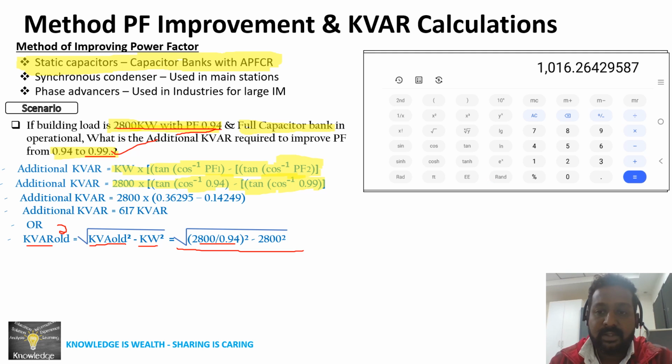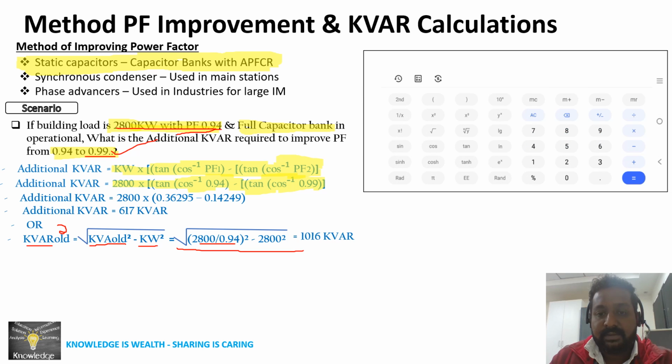So a 1016 kVAR capacitor bank is already there, which is giving the 0.94 power factor. That is the kVAR capacity of the capacitor bank already available.